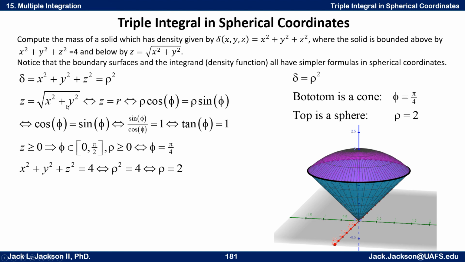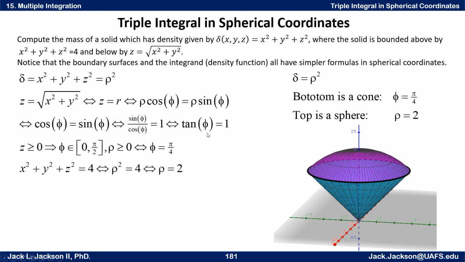So z is the square root of x squared plus y squared. Well, the square root of x squared plus y squared is r, but r is rho sine of phi, and z is rho cosine of phi. Well, wait a minute. If we divide both sides by rho, we get cosine of phi equals sine of phi. Divide both sides by cosine of phi, we get sine phi over cosine phi is 1, or tangent phi is 1.